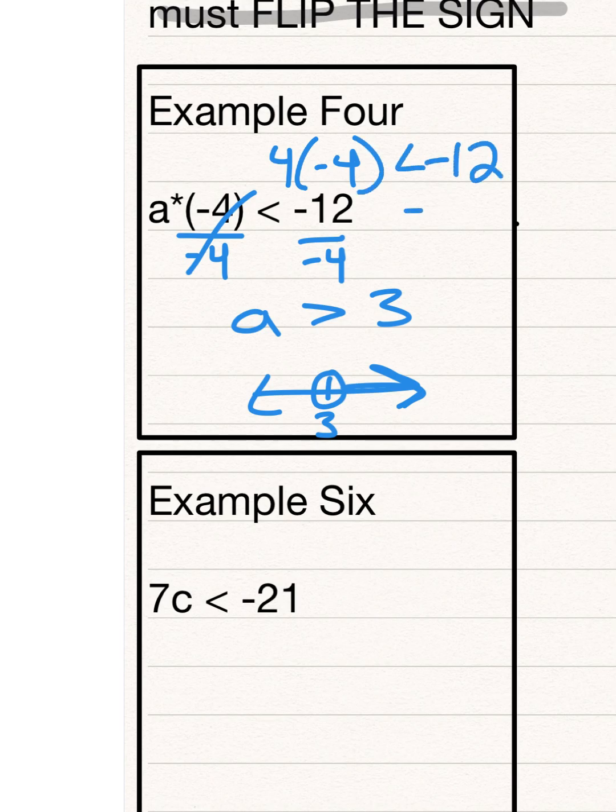If we solve that, we have negative 16 is less than negative 12, which is true. If I had kept the sign the same way, and we plug in 2 times negative 4 is negative 8, which is not less than negative 12. So we have to flip the sign to make it true.